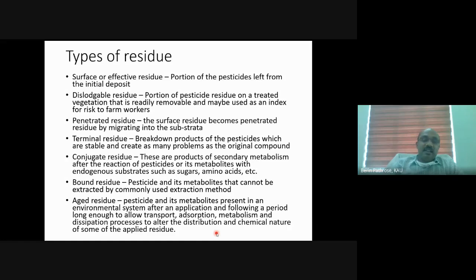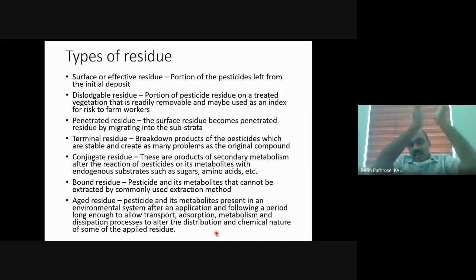By definition, aged residues are the pesticides and its metabolites present in the environment after an application and following a period long enough to allow transportation, metabolism, and dissipation processes to alter the distribution and chemical nature of some of the applied residue.